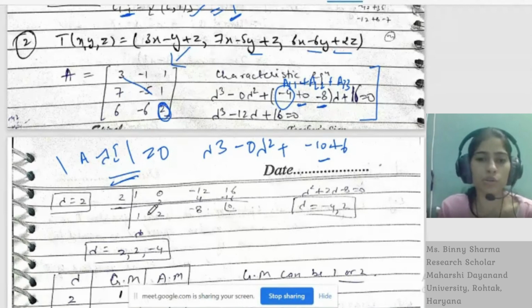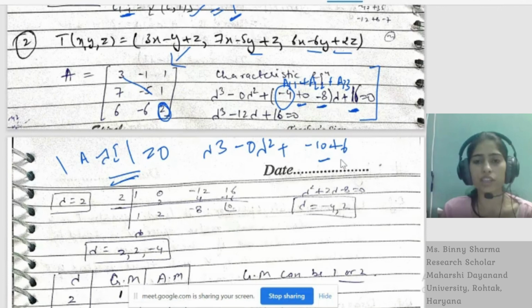You must know how to find the cofactors. Plus the determinant of A, that is 16. So the characteristic equation is lambda cube minus 12 lambda plus 16.